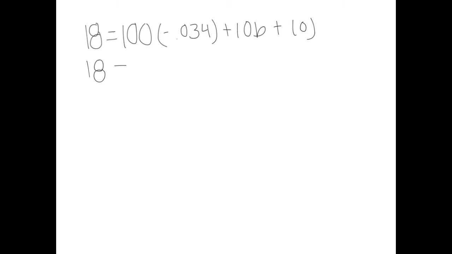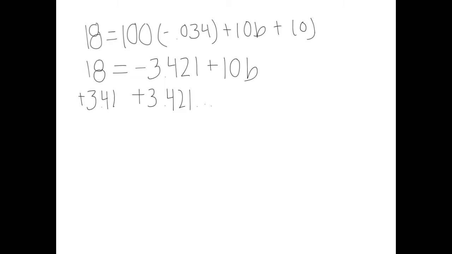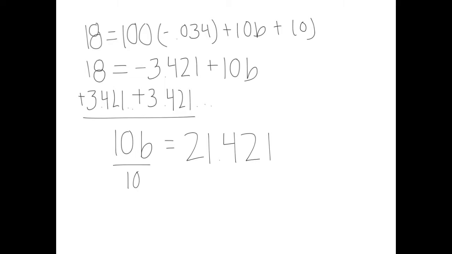So 18 equals negative 3.421 plus 10b. Now we add 3.421 to both sides. It's a decimal, so I just added the ellipses. And we get 10b equals 21.421. Now we divide both sides by 10, and our b value equals 2.142.